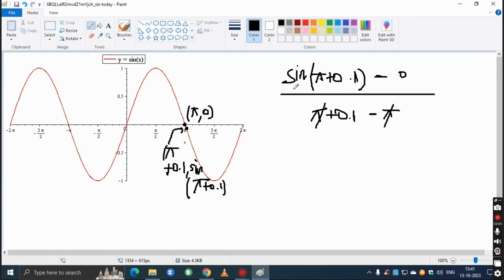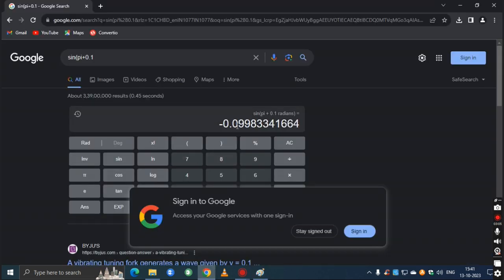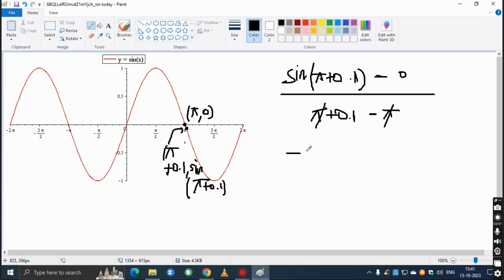So sine of pi plus 0.1, if you put that in a calculator, you're gonna get minus 0.09. So you'll get minus 0.09 divided by 0.1. Now what's this going to be? 0.0998. Alright. So it's going to be minus 0.998. Now this is really close to -1.